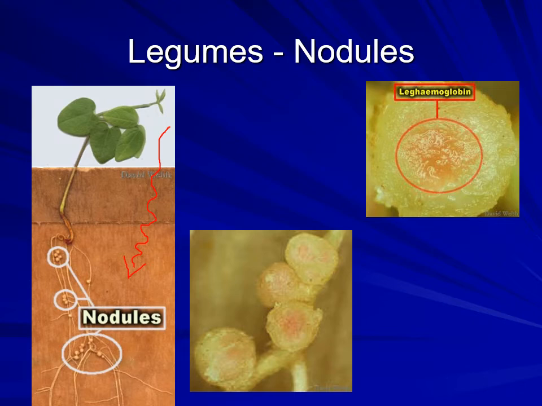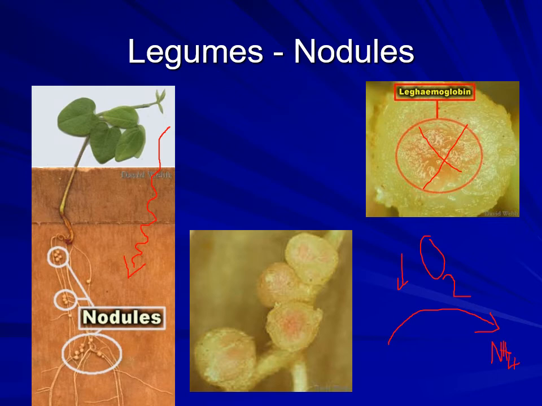And these little bumps you see on the roots are a further adaptation where the plant senses the bacteria because it enters its root and it produces a nodule structure that protects the bacteria. And on top of that, they produce a chemical known as leghemoglobin, which helps reduce oxygen in the center. So in the center of this sort of ball, you have low oxygen, and that helps to improve the conversion from nitrogen gas to ammonia.